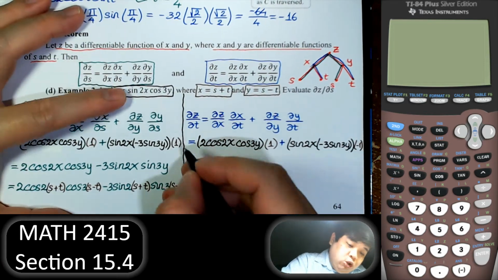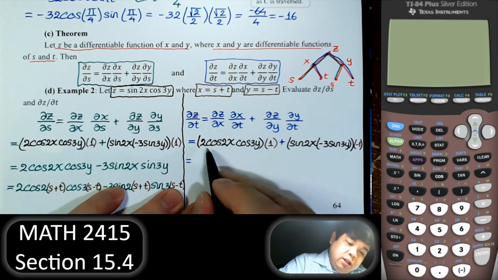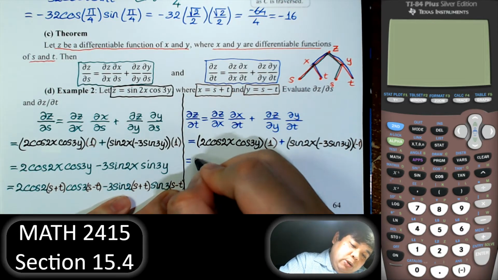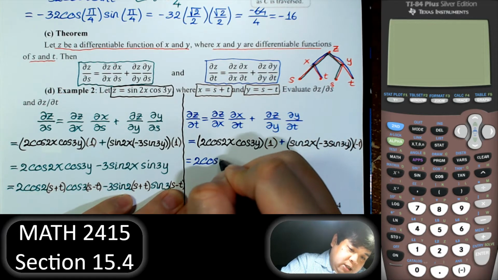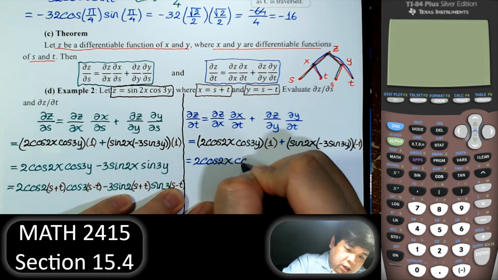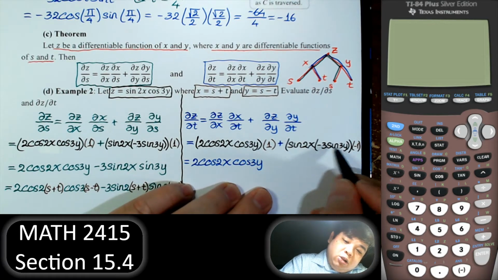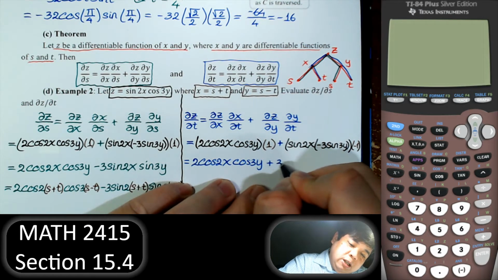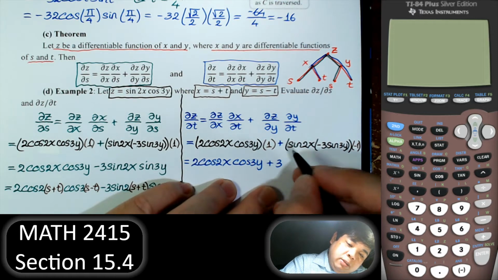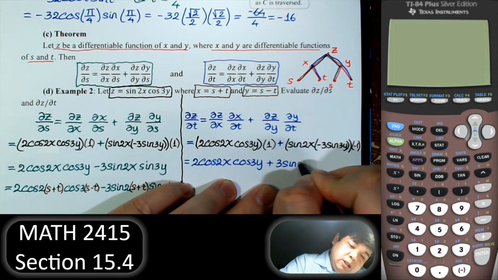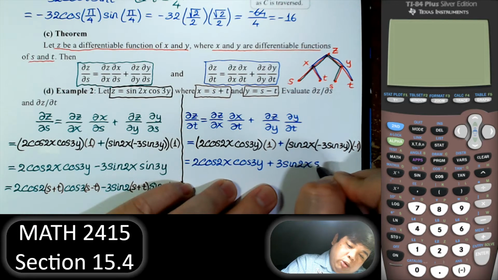Right? Multiply out. 2 cosine 2x, cosine 3y. And that minus 3 minus 1, so that plus 3 sine of 2x, sine of 3y.